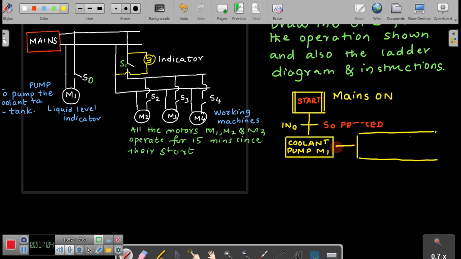Something like this. Fill the coolant to required level.